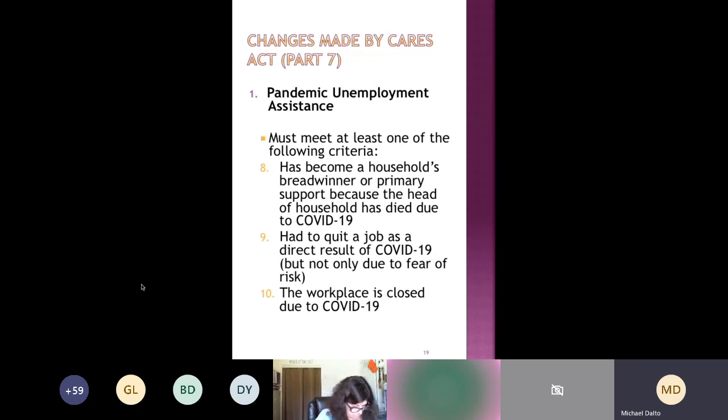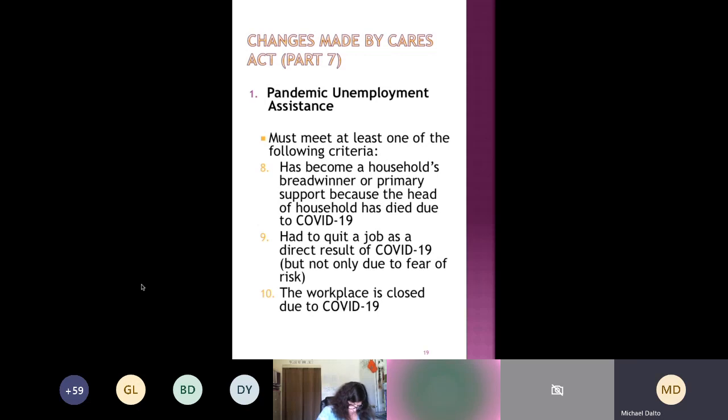But my interpretation, which you should take with a grain of salt, is that in the situation you described, Michael, that person would be partially unemployed because they'd be getting some pay, but not full pay through the furlough. And as you pointed out, their workplace was closed due to COVID-19, a bar or a restaurant. So I would say that person would appear most likely eligible for pandemic unemployment assistance on the basis of being partially unemployed.